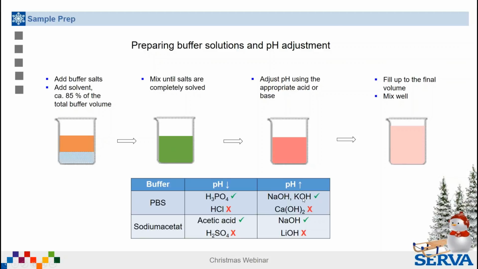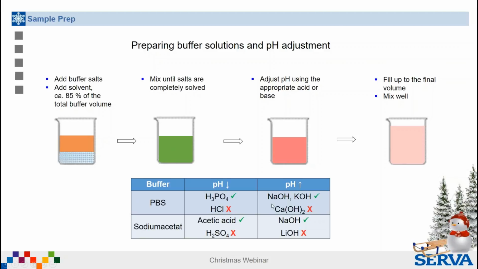What you do not want to have is that you change your ions inside. For example, do not use HCl, because then you add to your phosphate ions additionally chloride ions and you have a mixture of two different ion types.